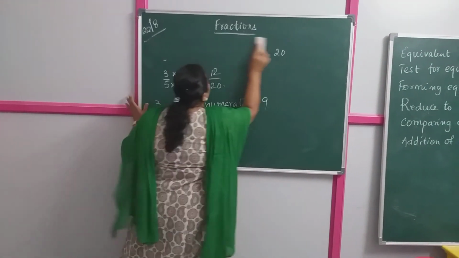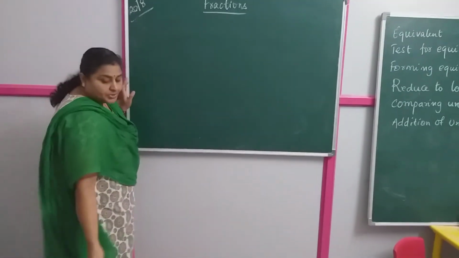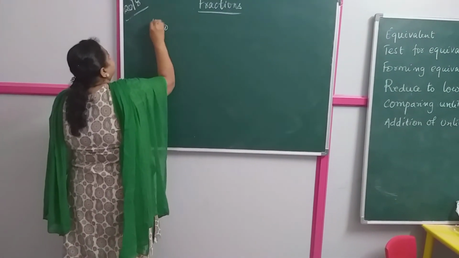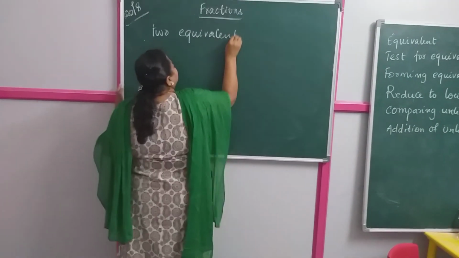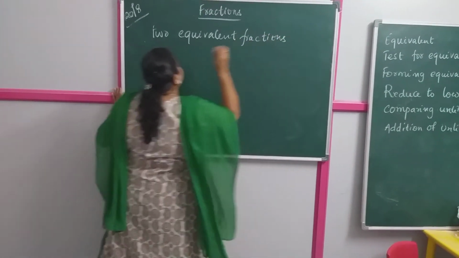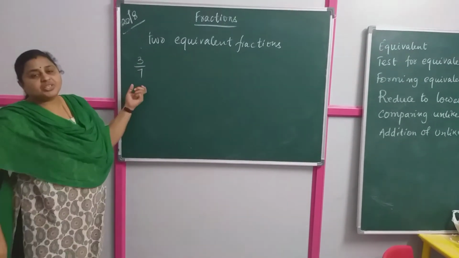Write 2 equivalent fractions. Now suppose there is a question, we need to write 2 equivalent fractions for a given fraction, say 3 by 7. Now I have a fraction 3 by 7.